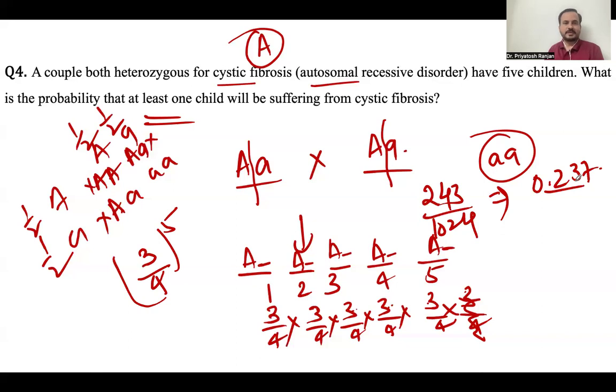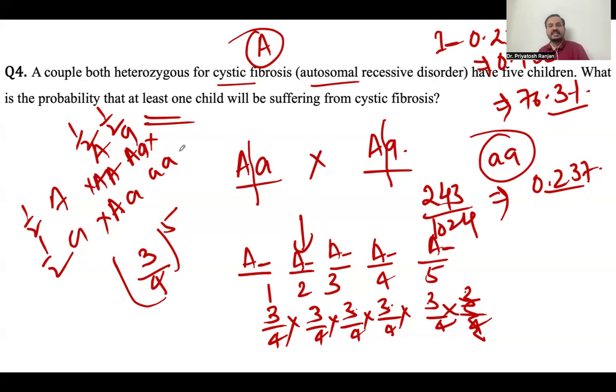But remember, this is not what has been asked. It is asked what is the probability that at least one child will be suffering from cystic fibrosis. This 0.237 is the probability for a situation where none of the children will be suffering; you can convert it into a percentage, close to 23.7. As we all know, probability lies between 0 and 1. So 1 minus 0.237 gives you 0.763, which is 76.3%.